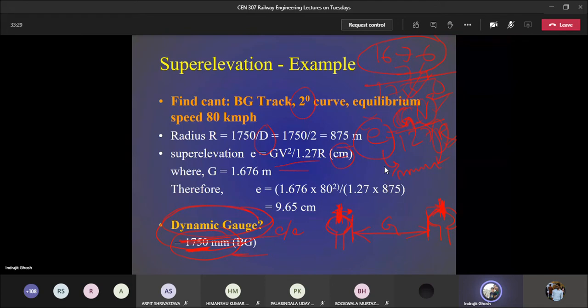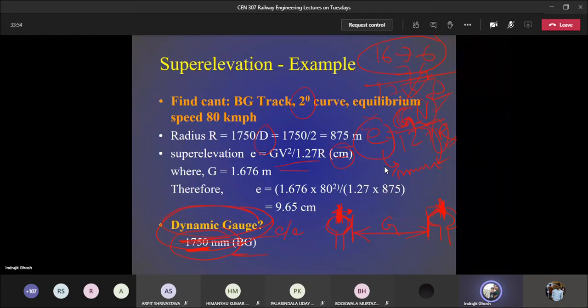I have not seen any other reputed book. Rather, our library has some books written by unknown persons. In those books also, I have seen that they have used G equal to 1676 millimeter or 1.676 meter, which is not accepted in the present decade.